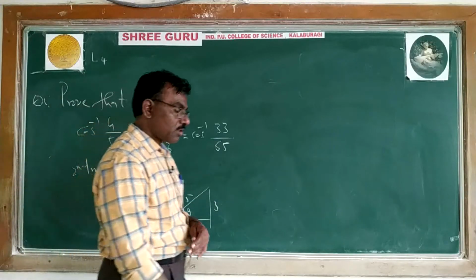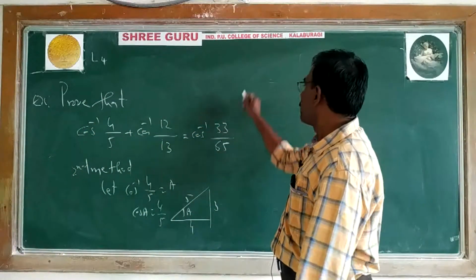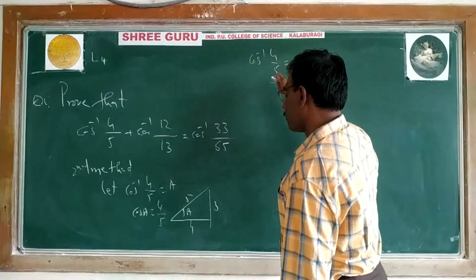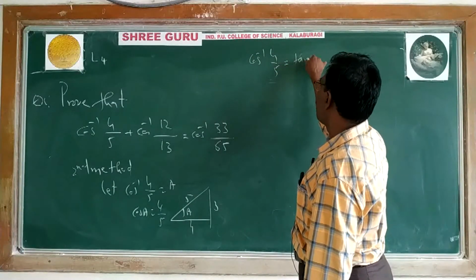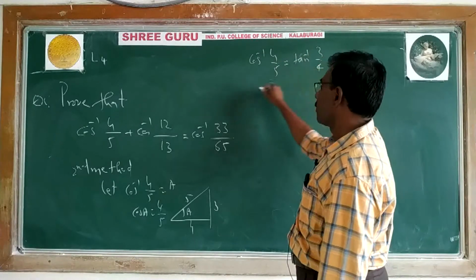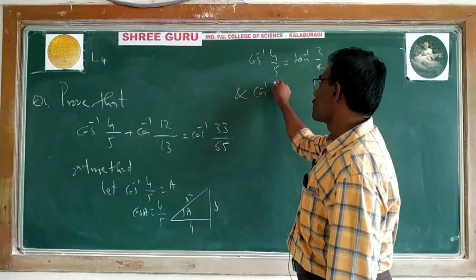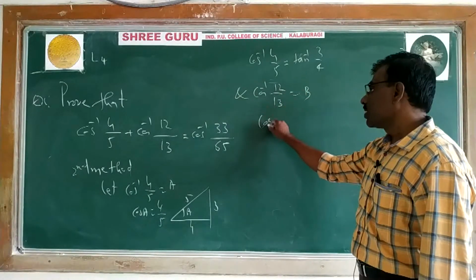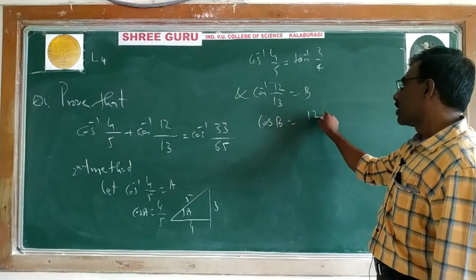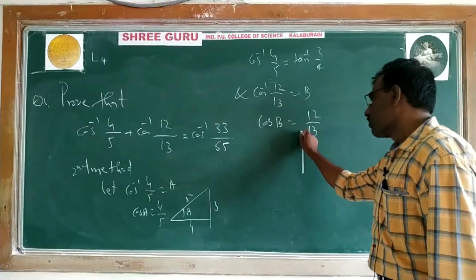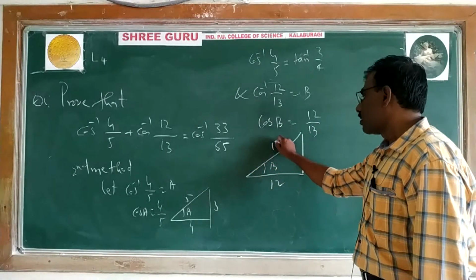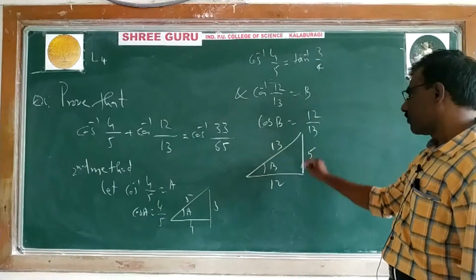So cos inverse of 4 by 5 equals tan inverse of 3 by 4. And let cos inverse of 12 by 13 equal B, so cos B equals 12 by 13. One more right angle triangle: 12, 13, and the other side is 5.